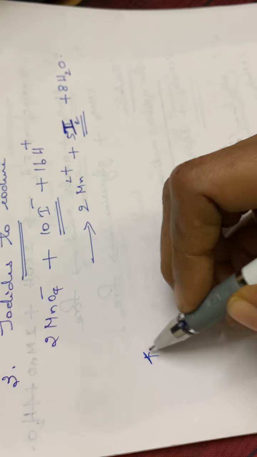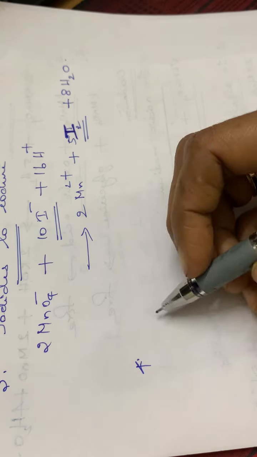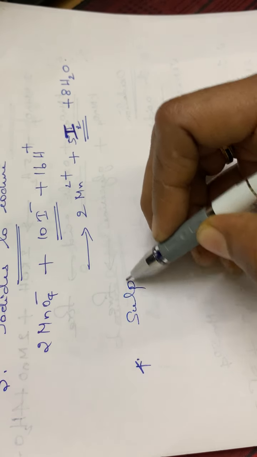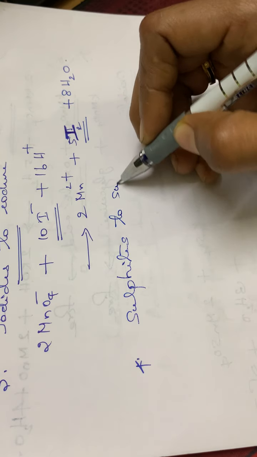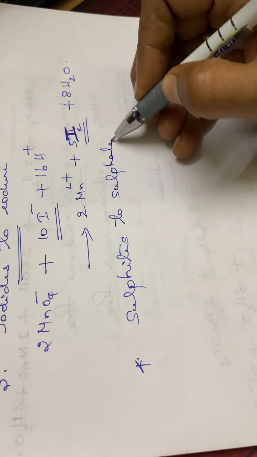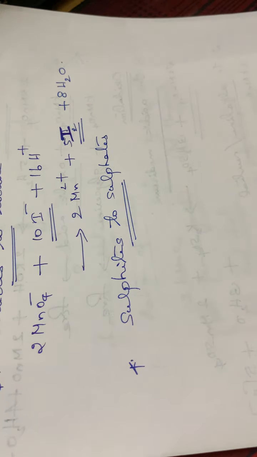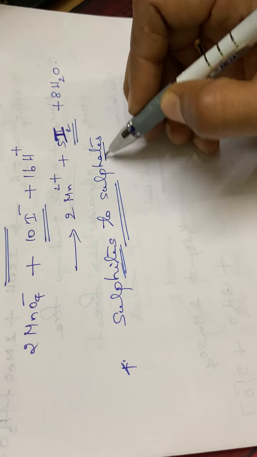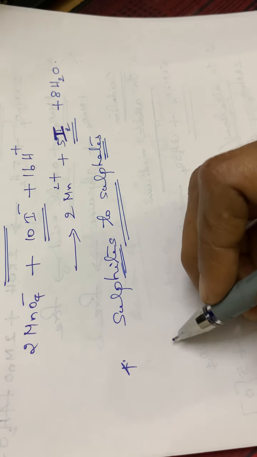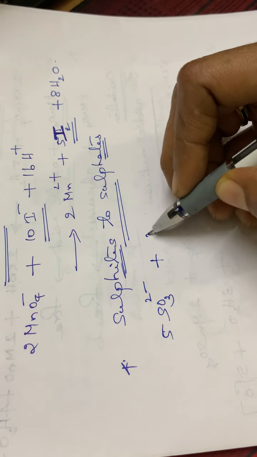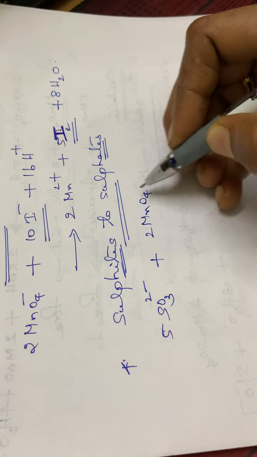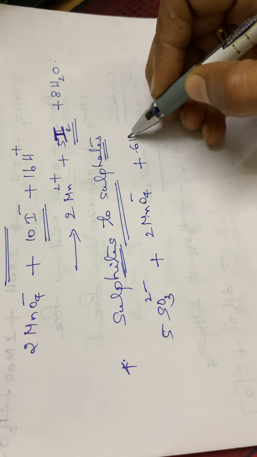Then the next reaction, the fourth reaction, sulfides to sulfates, that is ITE to ATE. Here this sulfite, that is SO3 2 minus plus 2MnO4 minus plus 6H plus.